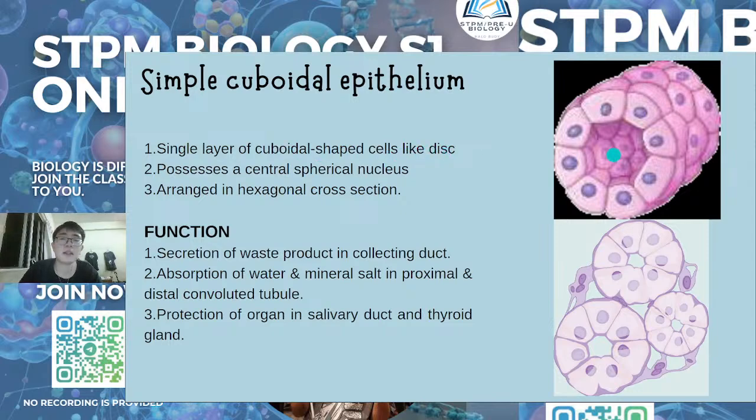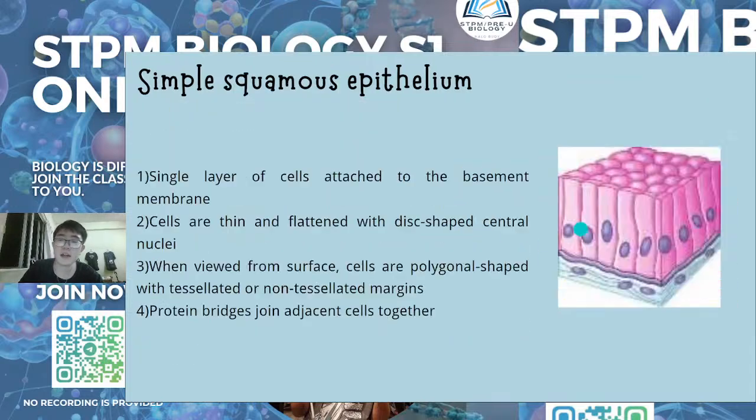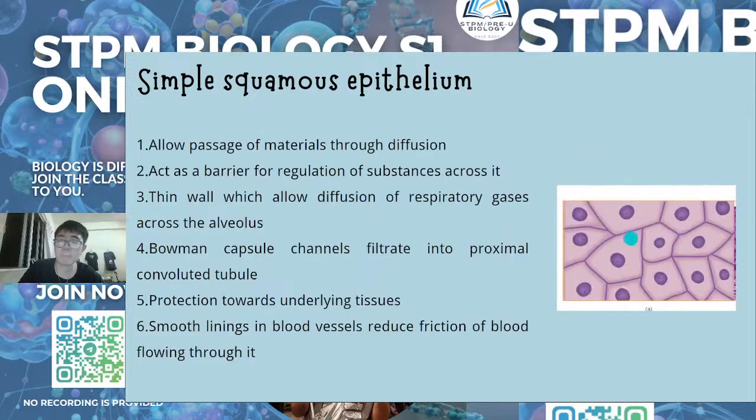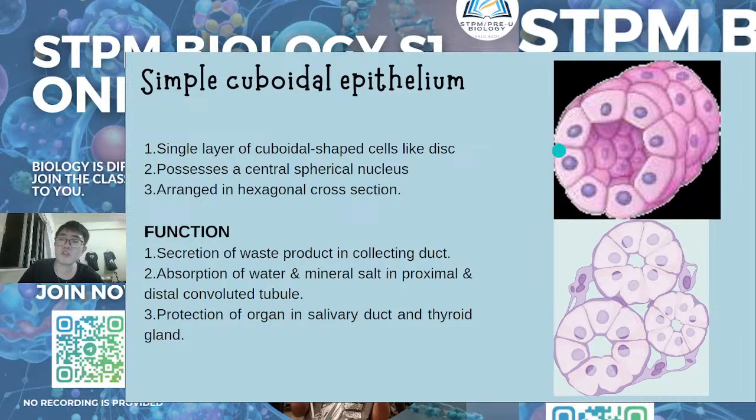The cell is in cuboidal shape, so it is normally 3D. You will see that it is arranged in this shape, compared to here, which is normally a monolayer. Cuboidal will normally be arranged like this.